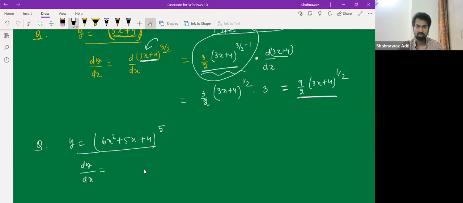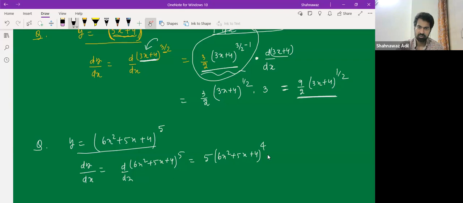First, we have to write 6x squared plus 5x plus 4 raised to 5, d by dx. Then we have to take the exponent down. So that would be 5 times 6x squared plus 5x plus 4 raised to 4.